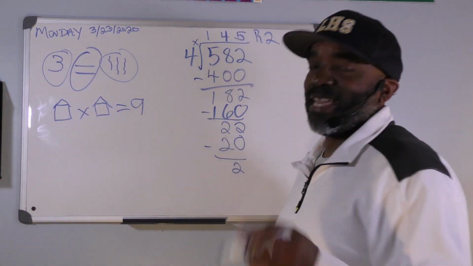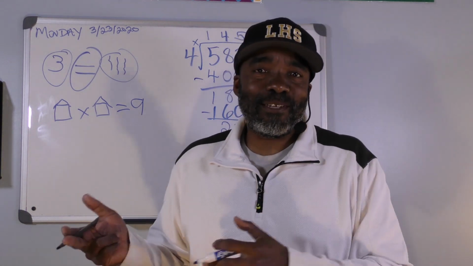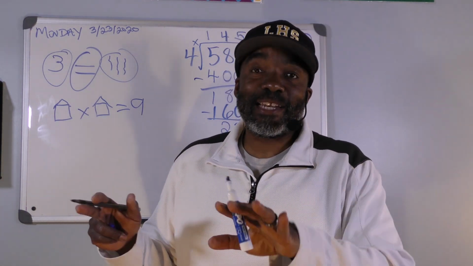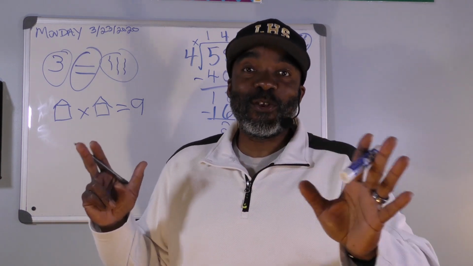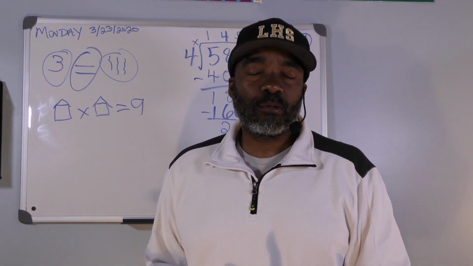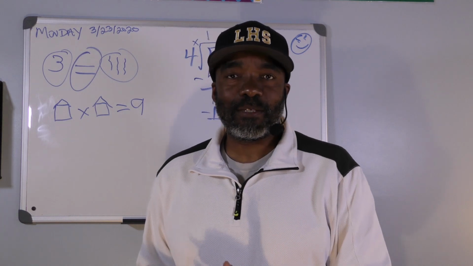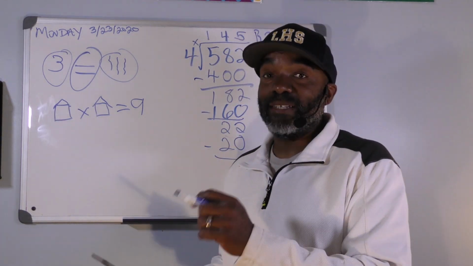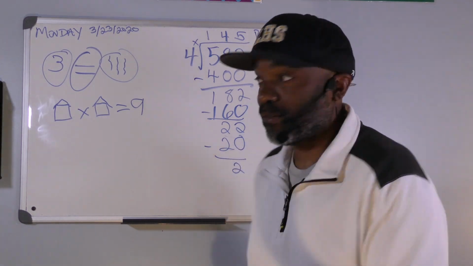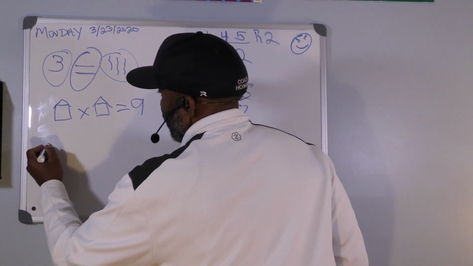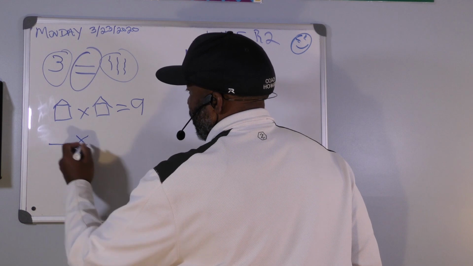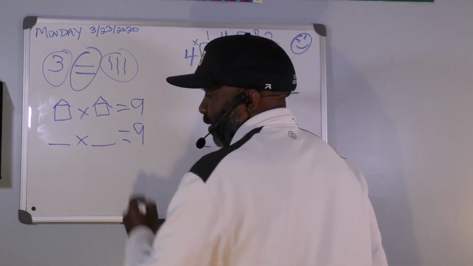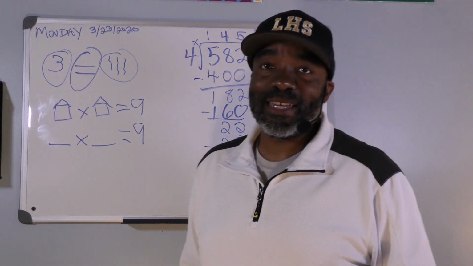Now, if I said a house times another house equals 9, you might look at it like, I don't get it. Some people are probably like, that makes no sense whatsoever. Well, why doesn't it make sense? It doesn't make sense because we've got no idea what this is. But if we said blank times blank equals 9, oh, I get it.